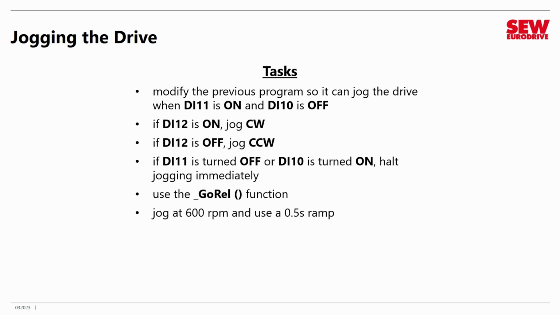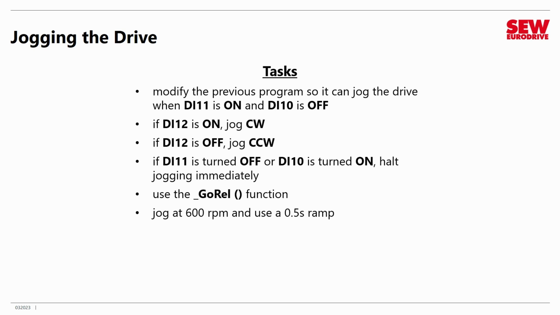Now, if you remember, your existing program goes into referencing mode when DI10 is on and DI11 is off, and it goes into positioning mode when DI11 is on and DI10 is off. What you're really doing is replacing the positioning code with some jogging code, and the jogging code will occur when DI11 is on. So we're kind of ditching positioning for this particular program.